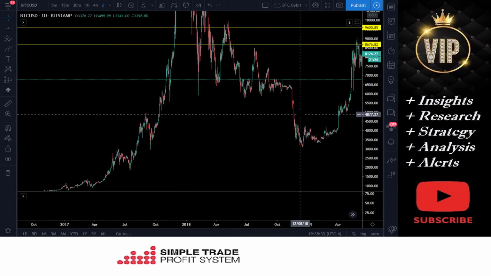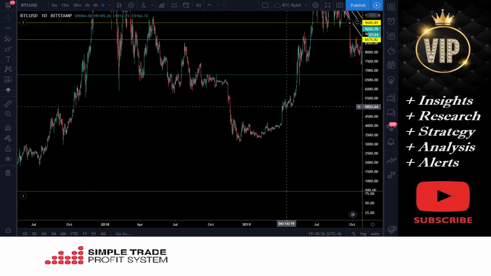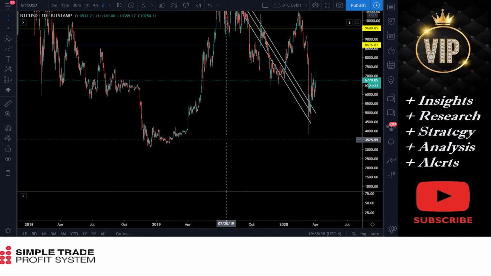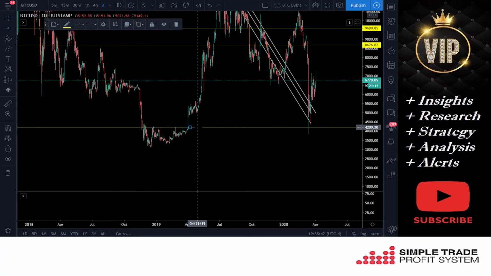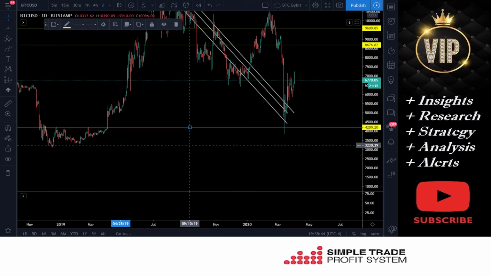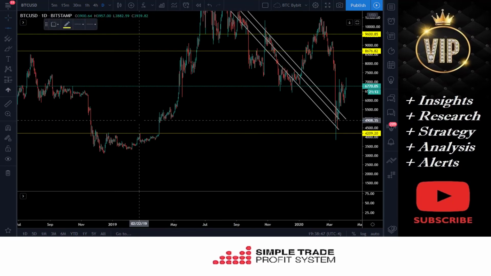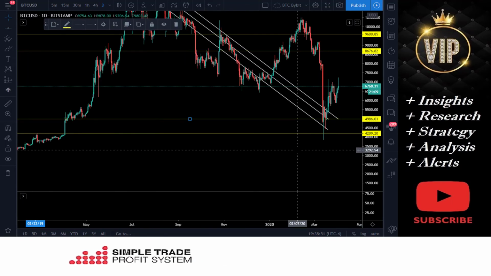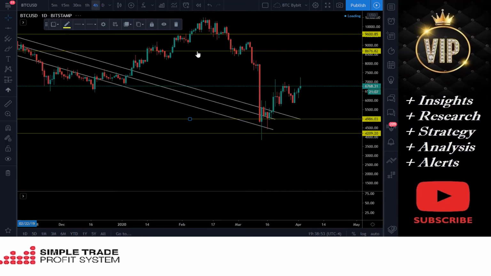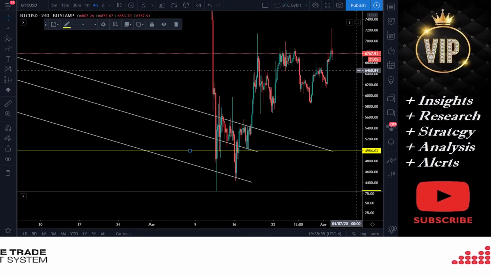Let's move out to the daily and look. So we'll draw a horizontal line here. We'll draw one right here in this area. And now let's zoom into here. Let's go back to the 4 hour and zoom into here.